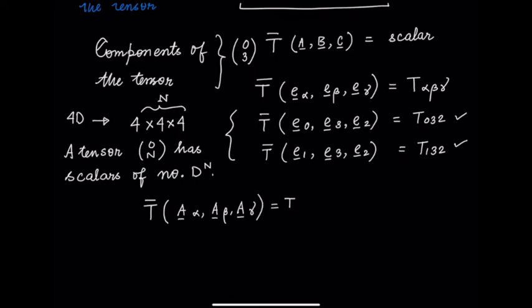How can I write this? Well, A alpha I can write in terms of the components and the unit vectors in one reference frame. Remember that all the vectors, obviously, I have to put in the same reference frame. I cannot put one in one reference frame and the other in another reference frame. That is not nice. What is this?